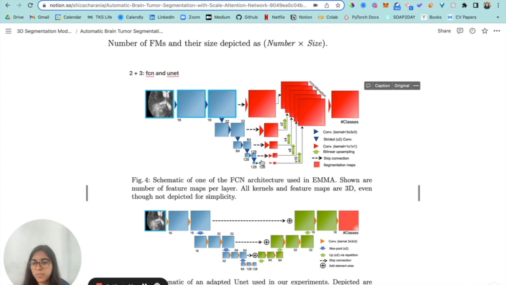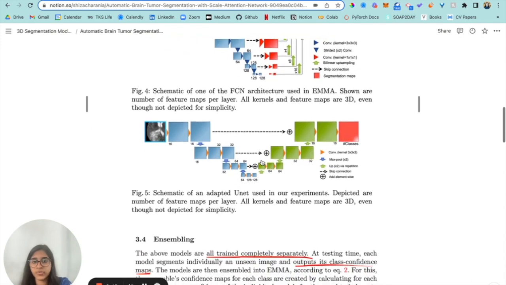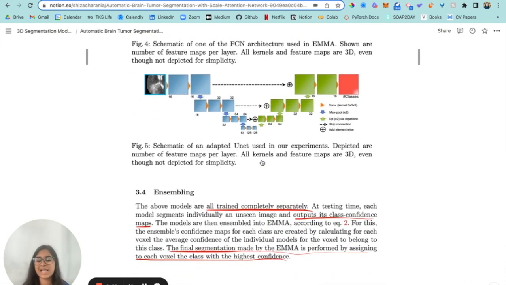What the ensemble part comes in is, with these models, you're taking the output that you have for all of them, and all the outputs are the class confidence maps. What's the confidence that this is a tumor core? What's the confidence that this is a whole tumor? You have class confidences like that, just like you would in a single neural network, but now you have 3 maps of them because you have 3 different models.